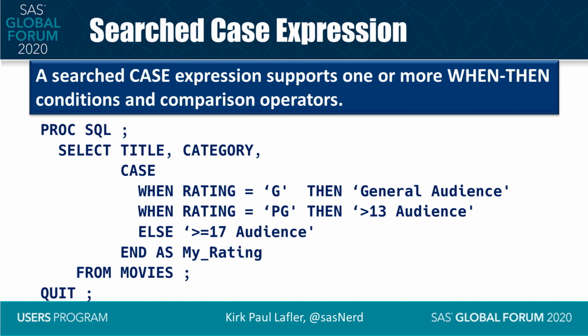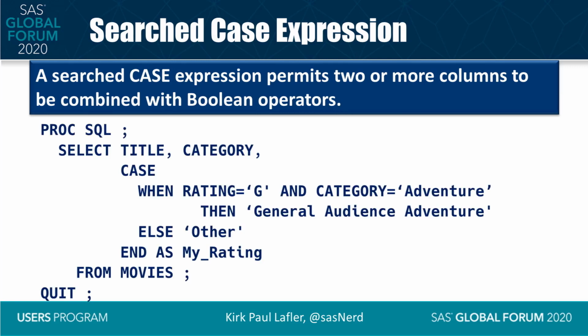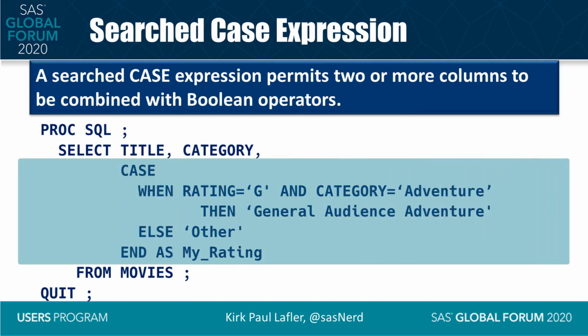A search case expression permits two or more columns to be combined with Boolean operators, or in this case, logical operators. In our select query, we're specifying title, category, along with our case expression: when rating equals G and category equals adventure, then assign general audience adventure to my rating, else assign other.